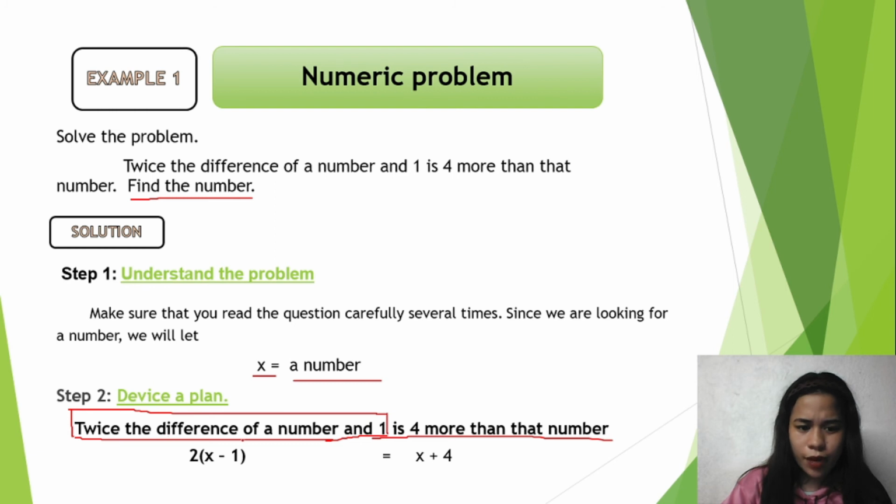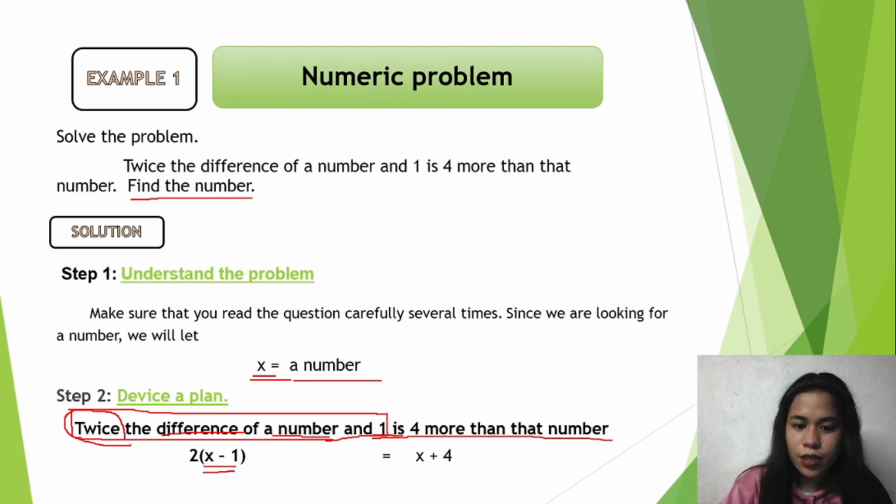Twice the difference, meaning to say difference, you need to subtract this number, a number, and 1. Since yung nirepresent natin na number is x, then we have x minus 1. And this word twice, meaning to say that we need to multiply 2 to the difference of x and 1. So 2 times x minus 1.